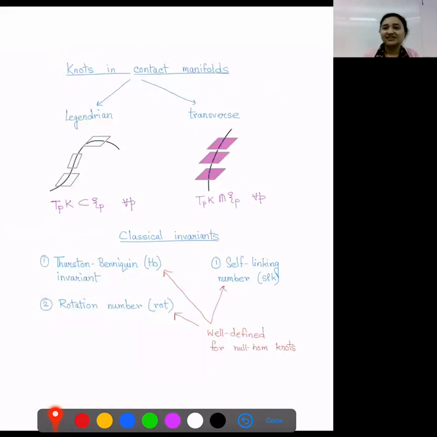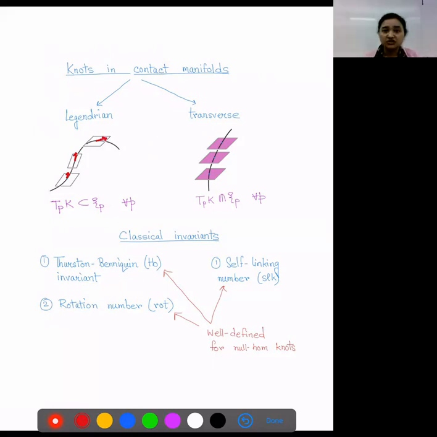Next, knots in contact manifolds. There are two types of knots in a contact manifold. They are known as Legendrian and transverse. And on the left-hand side, we have a local picture of a Legendrian knot. So if we pick any point on the knot and draw the tangent vector, it must lie in the contact plane.